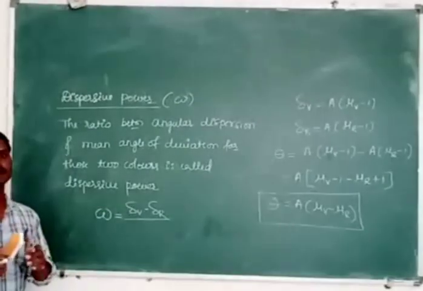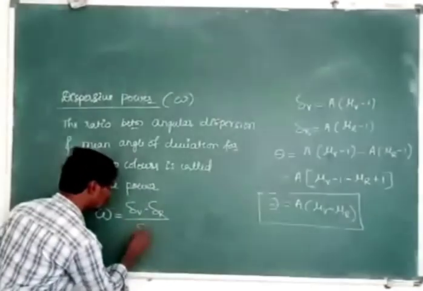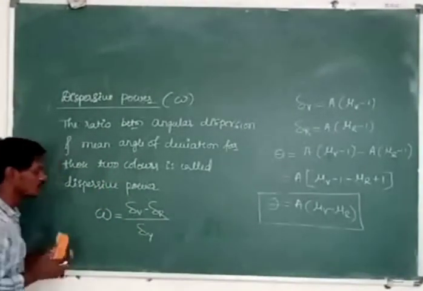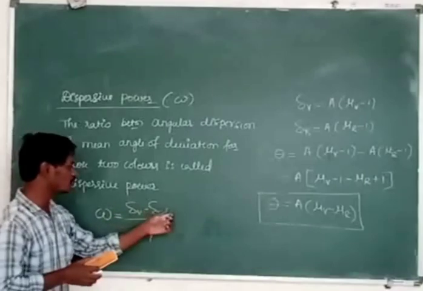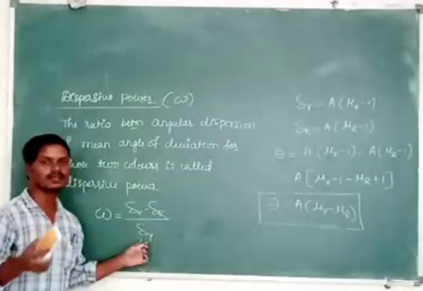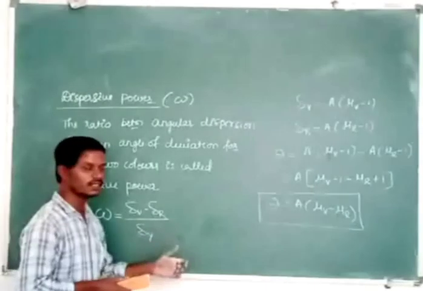The mean angle of deviation of these two will be yellow, that is delta y. So the mean of the angles of deviation of violet and red color gives the angle of deviation of yellow color. Y stands for yellow.